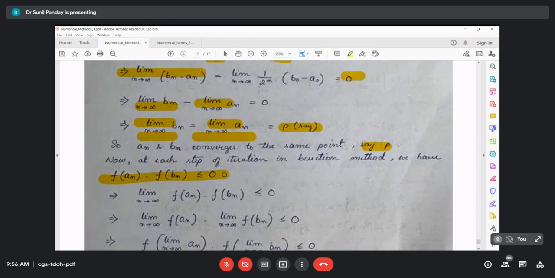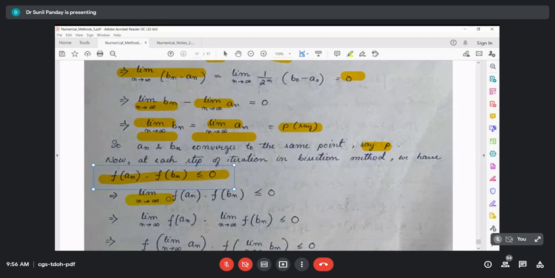Similarly, you have to check f(a_n) times f(b_n) is less than 0, and only then do you select the interval (a_n, b_n). If it is not, then you select another interval. So at each and every step of the bisection method, this condition has to be tested.